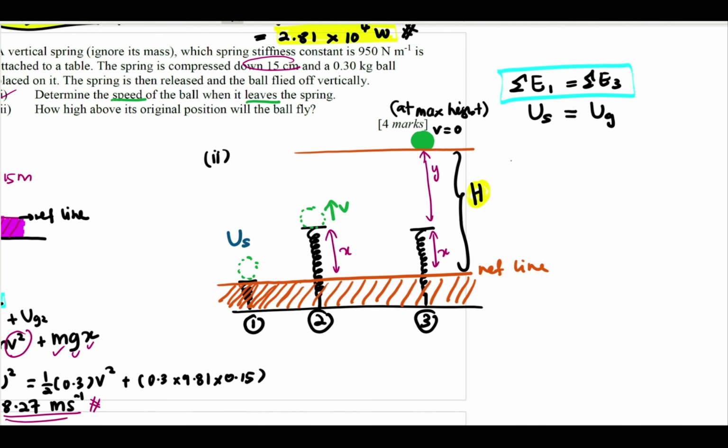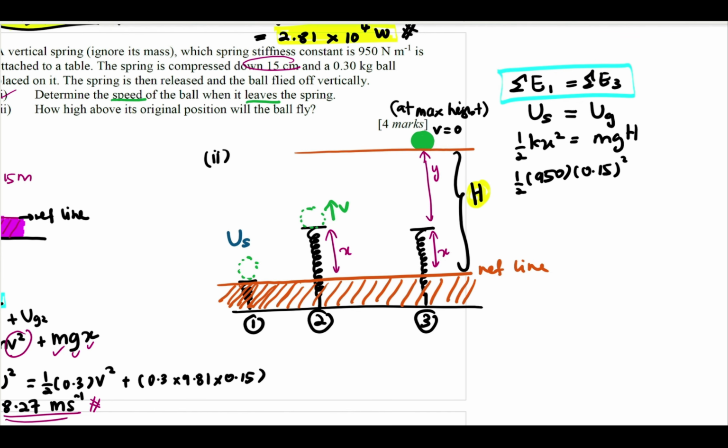Okay, so half kx squared equal to mg capital H. H tadi tu y plus x lah keseluruhannya. Therefore, you can find. Okay, kita masukkan semua nilai dia tadi.